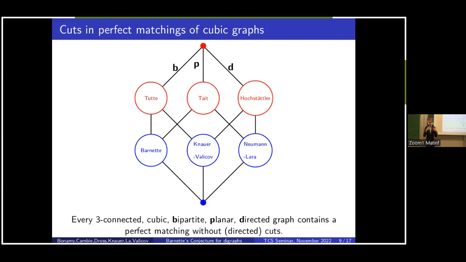And even when you combine all 3 of these restrictions, bipartite, planar, and directed, this problem is still open. And this is what we look into, right? Because it seems to be the quote unquote easiest problem if we want to have a positive result. And also, if there is some counterexample to this, then this counterexample is a counterexample to every conjecture that was made in this field.